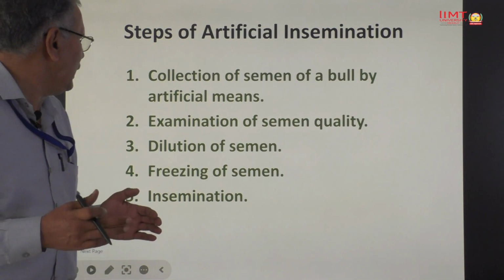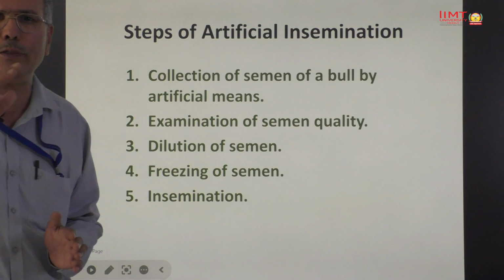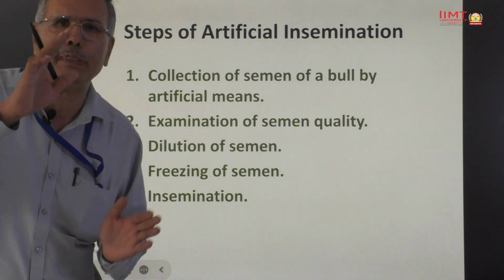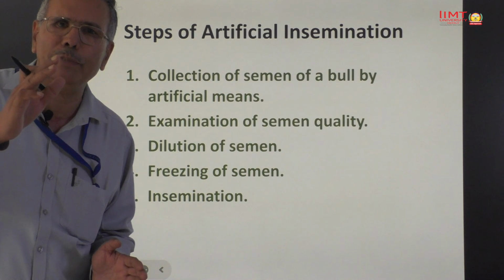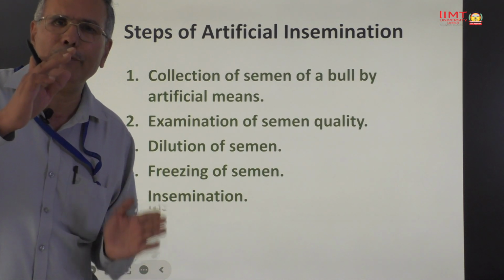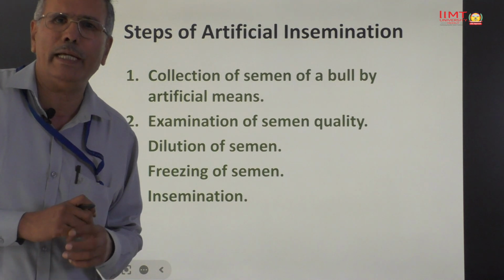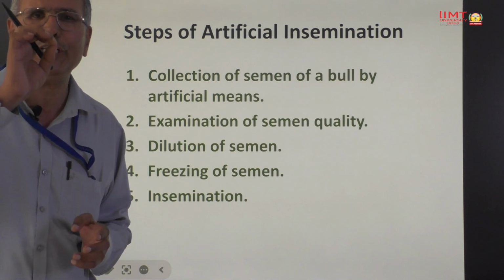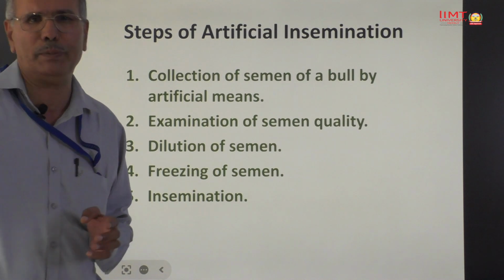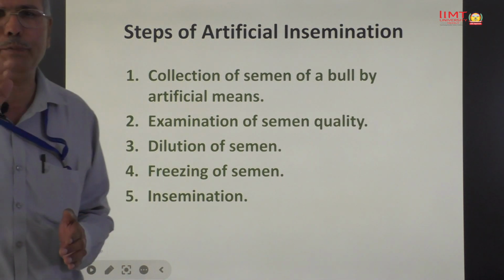Then examination of semen quality. Just after collection of semen, we examine the quality of the semen, for example, motility of semen, dead and live spermatozoa, normal and abnormal spermatozoa, and sperm concentration of the semen. After that, we go for dilution of the semen.